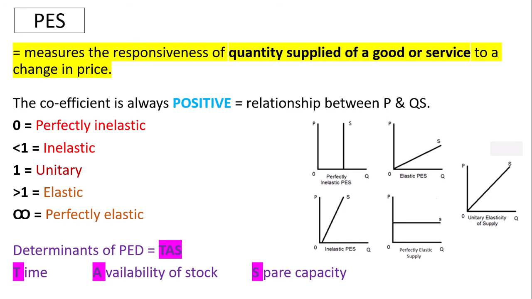So they could definitely increase output, increase supply by increasing production to match the increase in price by making all their workers work full-time. Same for capital equipment. If they're not fully utilising all their capital equipment, all their machines, all their factory space, they could easily increase capacity to meet the increase in price, which means their PES would be elastic, it would be responsive.